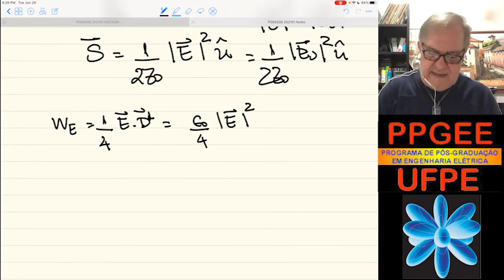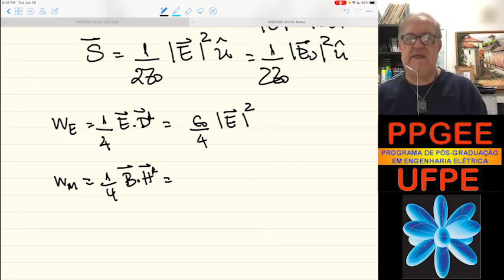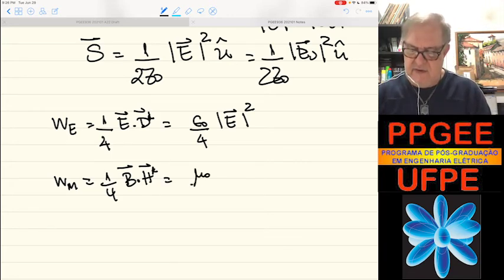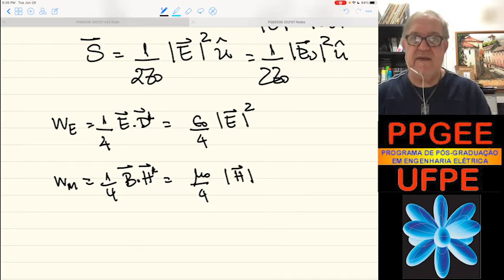For the magnetic energy density W M, it is 1/4 of B H conjugate, which is mu 0 over 4 H squared. These are real numbers, because in vacuum, energy densities are real numbers.